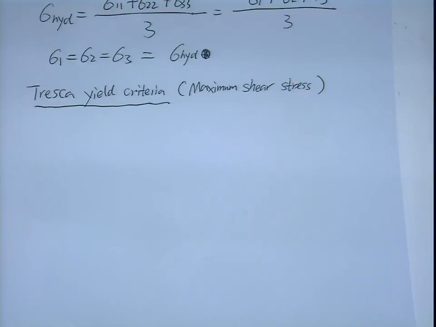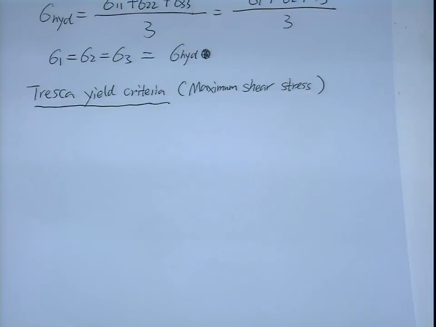Because the maximum shear stress direction is at a 45-degree angle with regard to this principal stress direction. So that is the maximum shear stress direction, and that is causing the failure of the material. So it's a very simple criteria, actually. If you give me the maximum shear stress, I know how it failed.